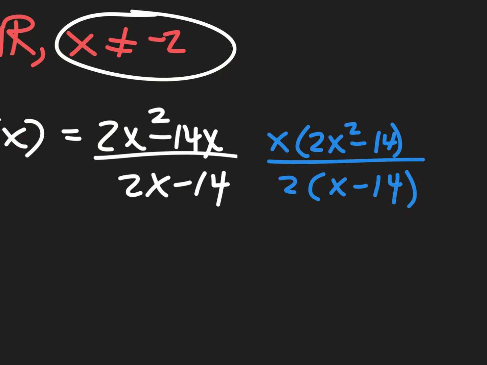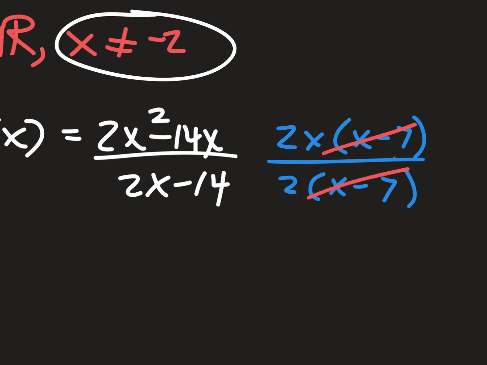Mr. Breen, what could I actually have factored the top to if I wanted to do it right? 2x. Take out the 2x. And what do I have left then? X minus 7. And on the bottom, what should the bottom be? 2 comes out, and then I have x minus 7. And look at that. Coincidence? I think not.